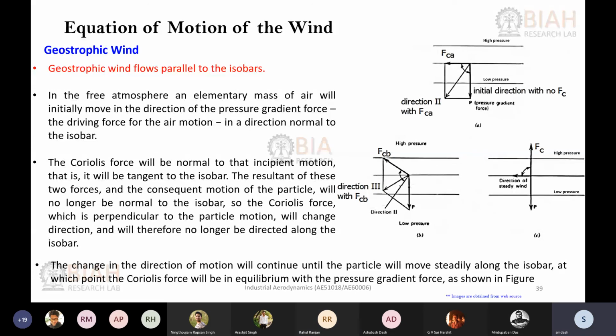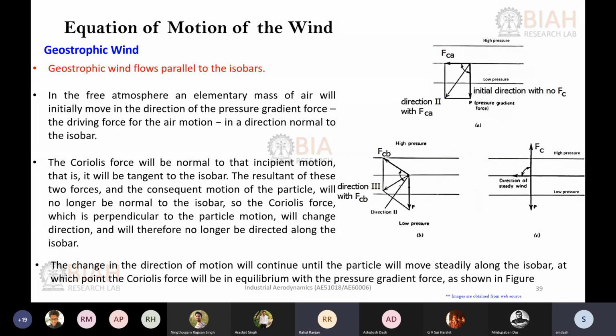See, this force balance is possible when these forces are acting along the same line. The line of action of the forces, if they are not in the same line, it will not be balanced. And the plane of the Coriolis force will be perpendicular to the wind velocity direction, and the velocity happens along the direction of the pressure gradient.